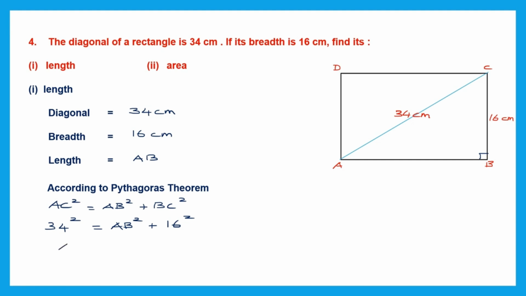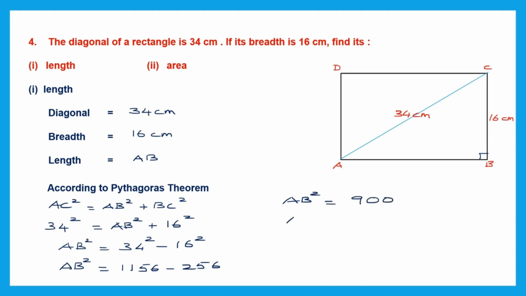So now if we have to find AB square, we say 34 square minus 16 square, because 34 square is as it is, only plus 16 square we are transposing to the other side, it becomes minus 16 square. So AB square is equal to 34 square, 34 into 34 is 1156, minus 16 square, and 16 square is 256. So AB square will be equal to 900.